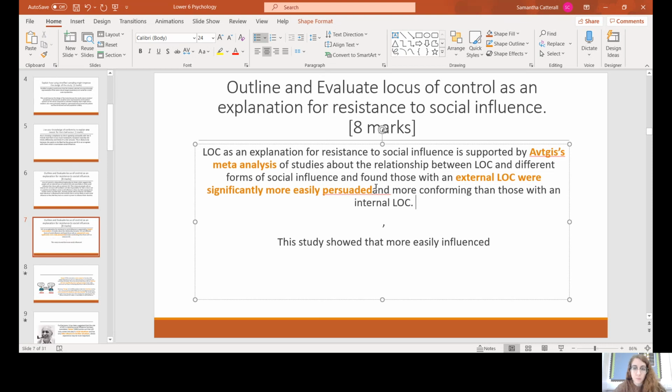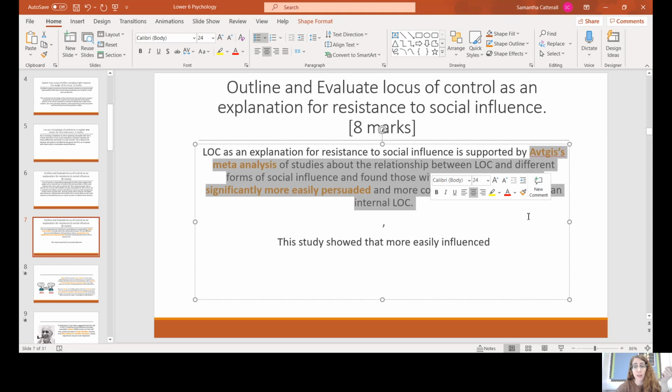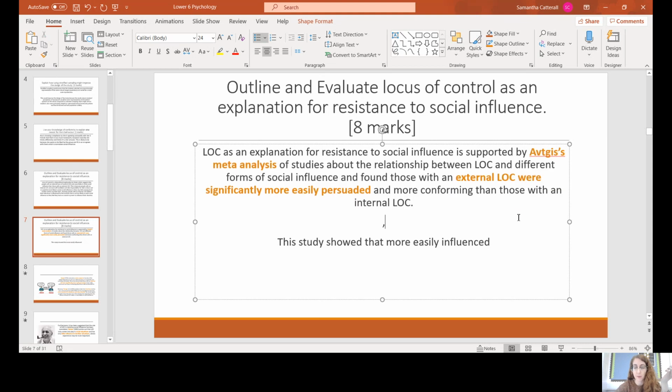Okay. So that there is a little technique for you where I've started off my point. So my point is a strength of this explanation is that it's got supporting research, and then I've summarised briefly, I mean it could probably be a bit more briefer than that, but briefly summarised a piece of research, what they did, so meta-analysis, and what was found.